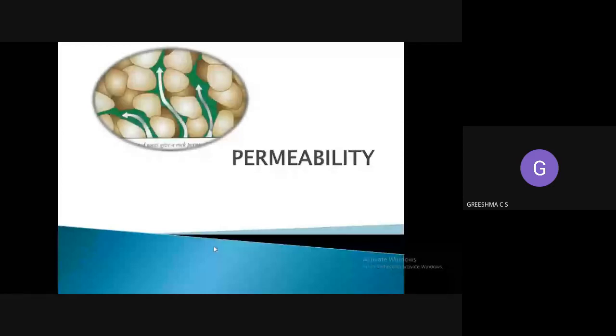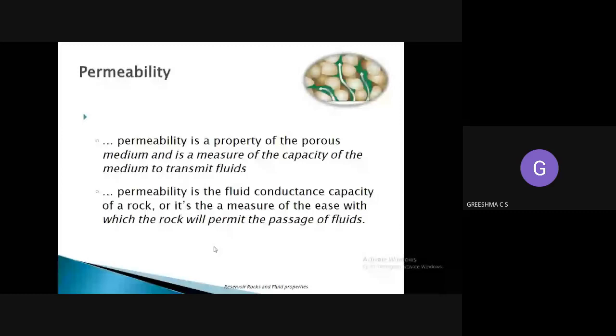Permeability is the property of the porous medium and a measure of the capacity of the medium to transmit fluid. Please note this word: the capacity of the medium to transmit fluid is called permeability.